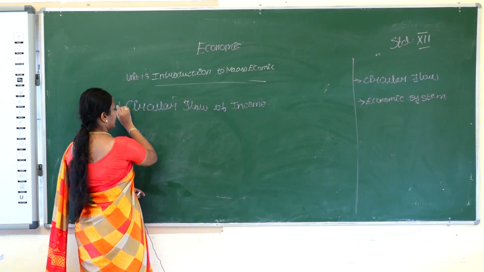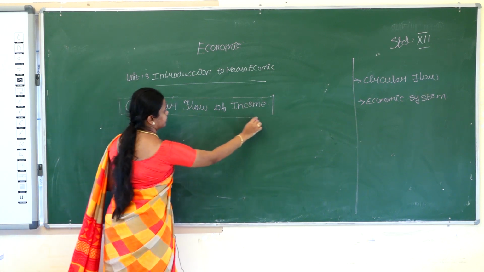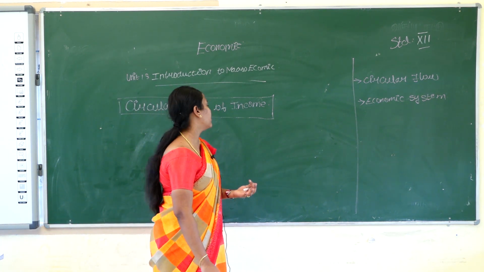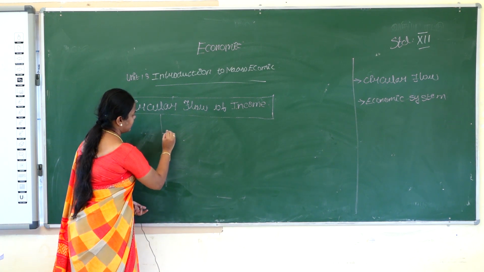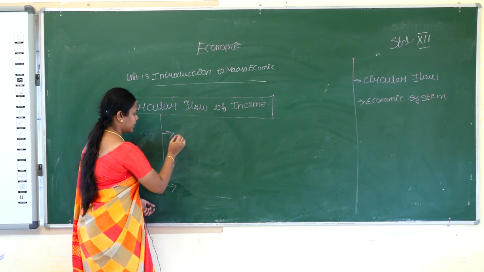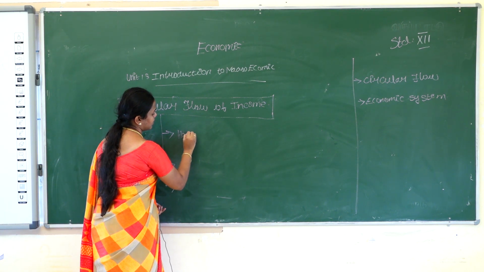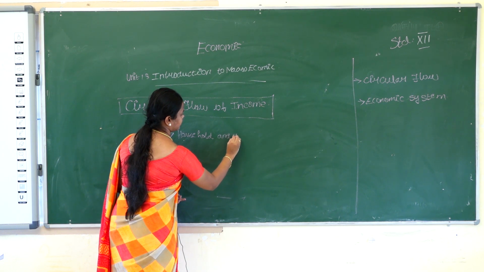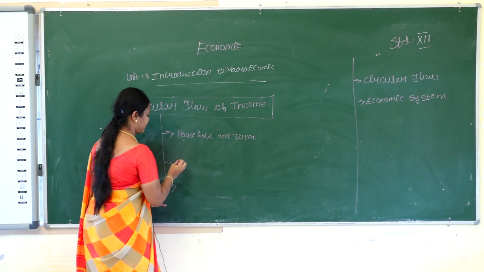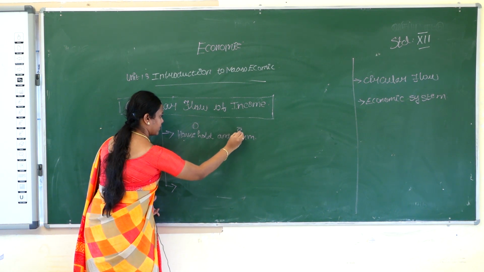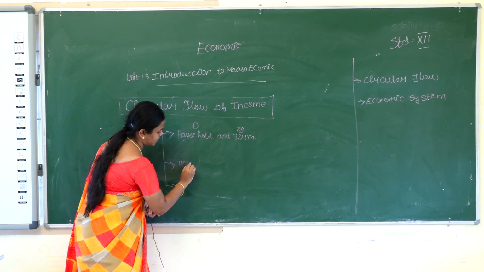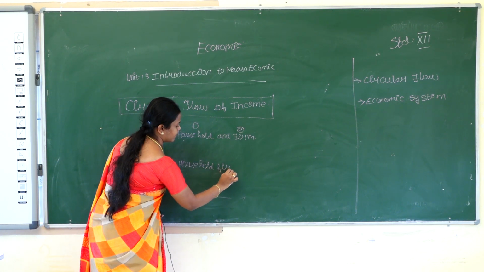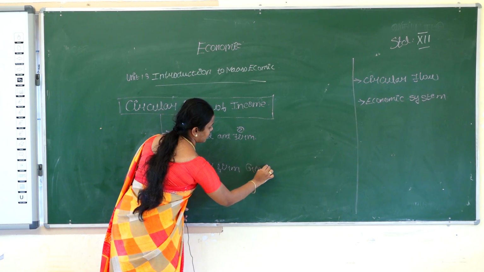Okay, students. Now we are going to see the circular flow of income. The circular flow of income has been divided into three categories. The first sector deals with household and firm. In the second sector, it deals with household, firm and then government has been included.